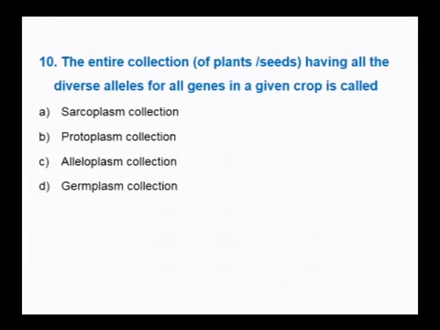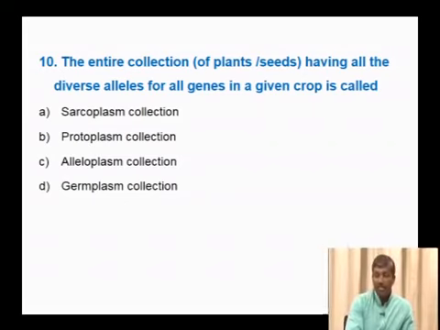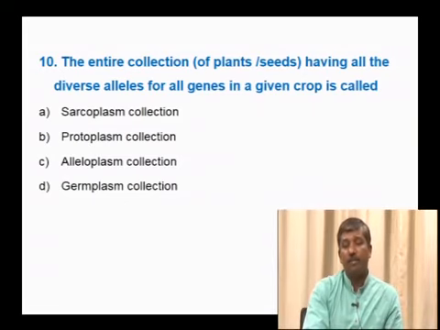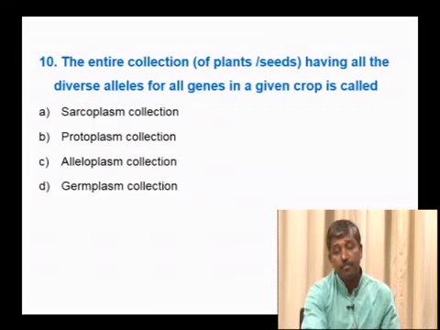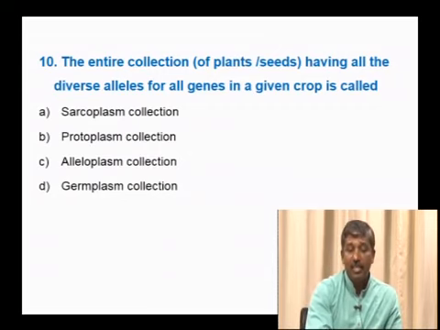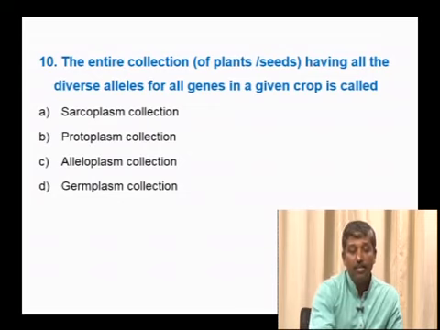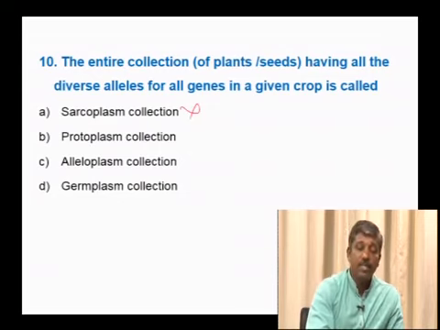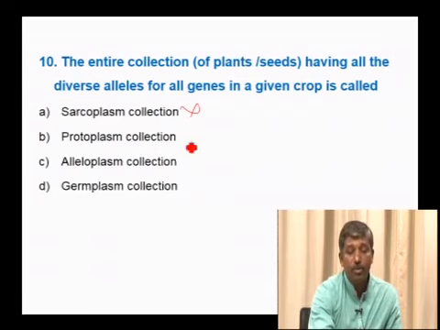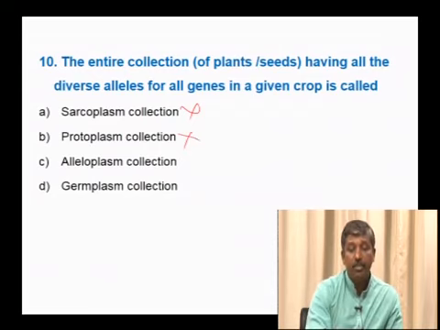Next, the 10th question: the entire collection of plants or seeds having all the diverse alleles for all genes in a given crop is called? Sarcoplasm collection, protoplasm collection, alleloplasm collection, germplasm collection. Sarcoplasm is the fluid matrix of the muscle cell, so it is not correct. Protoplasm is the fluid matrix of the cell, so it is not the right one.